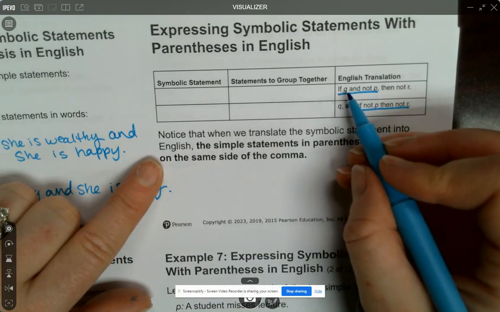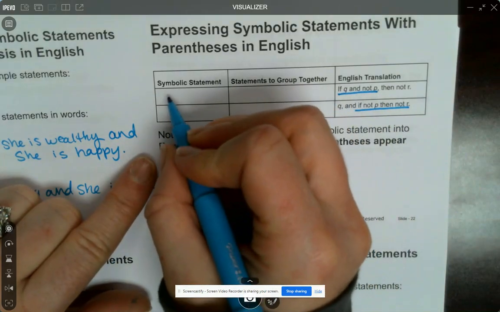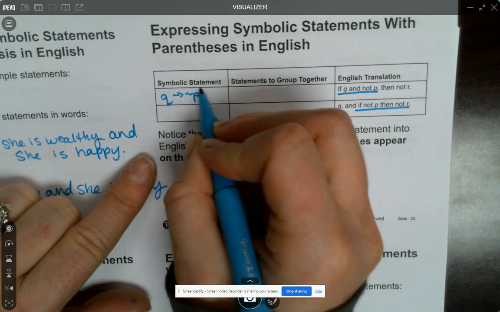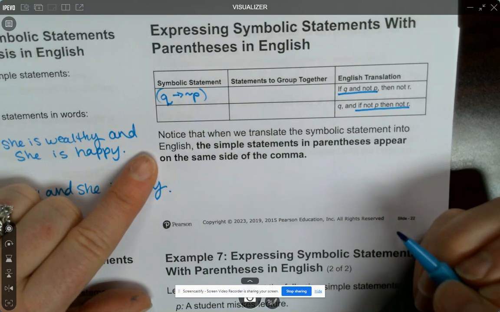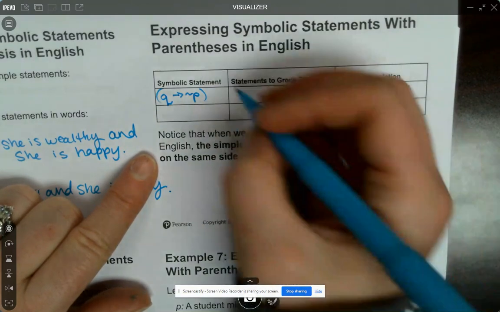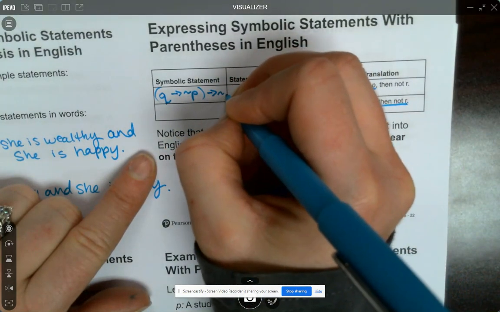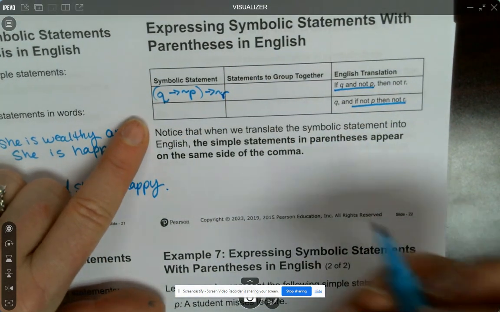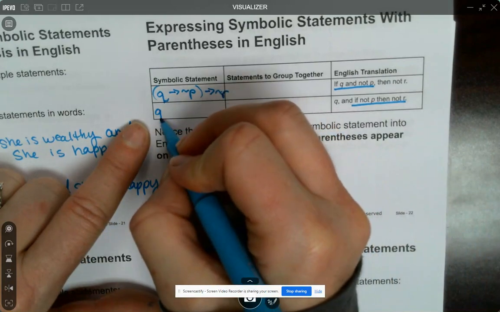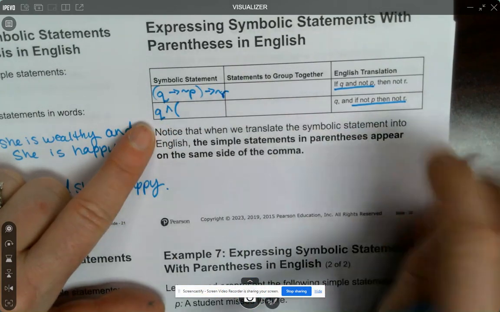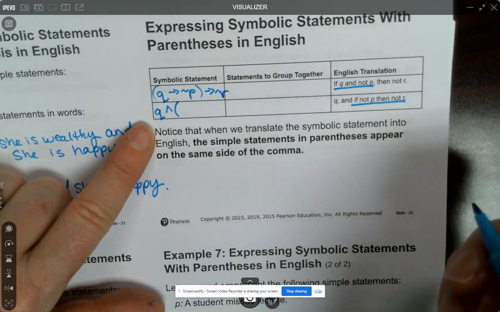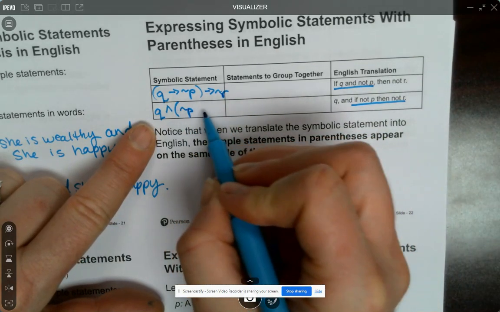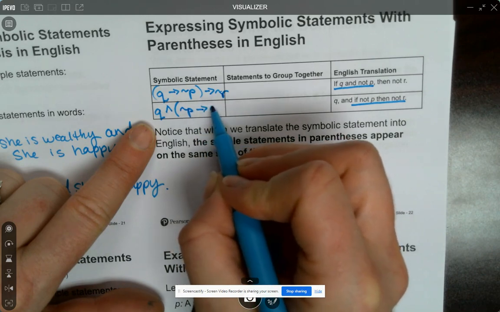So it says if Q, then not P, then not R. Q and, then we're going to put in parentheses, behind the comma. There we go. If not P, then not R.